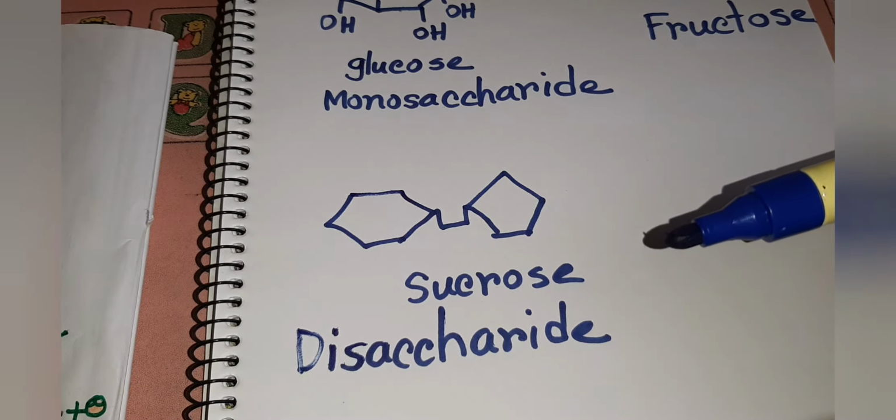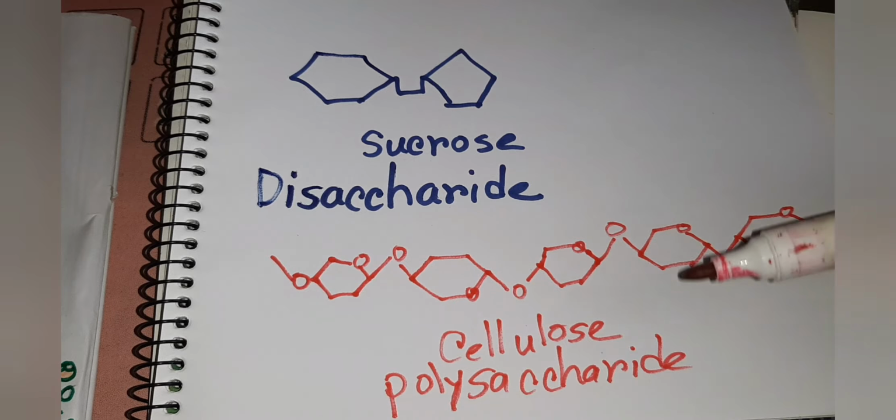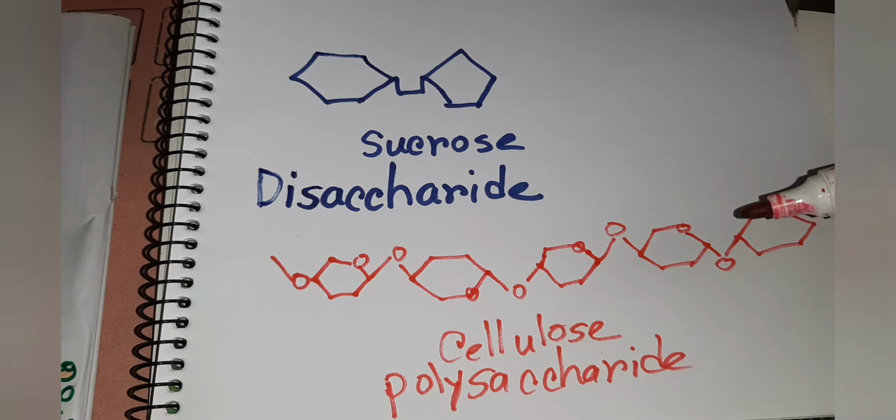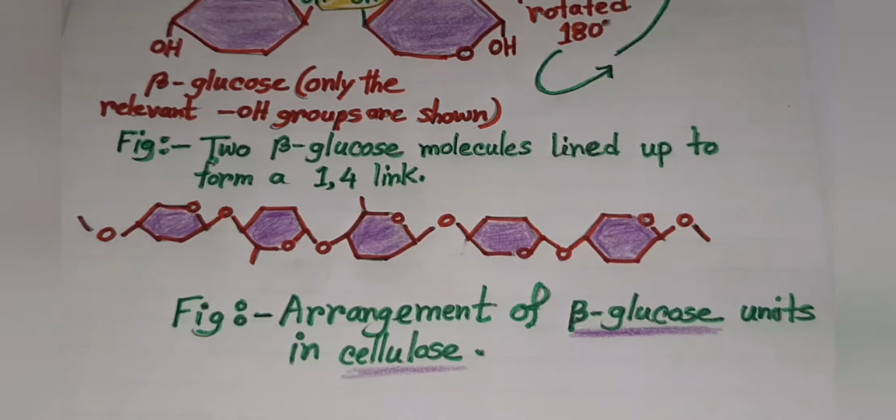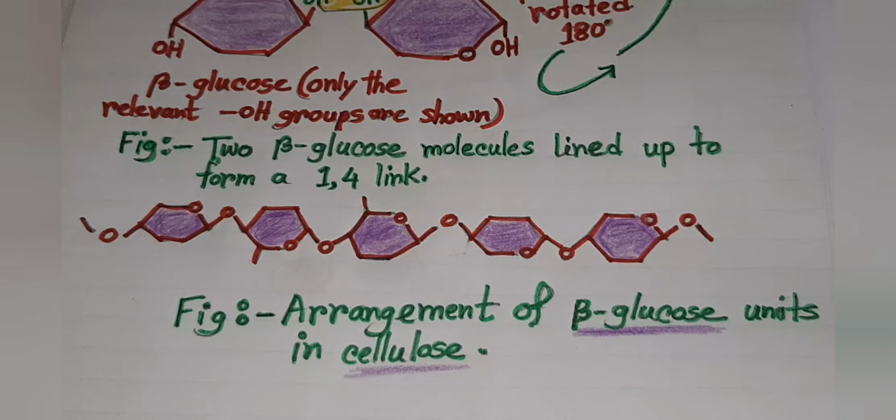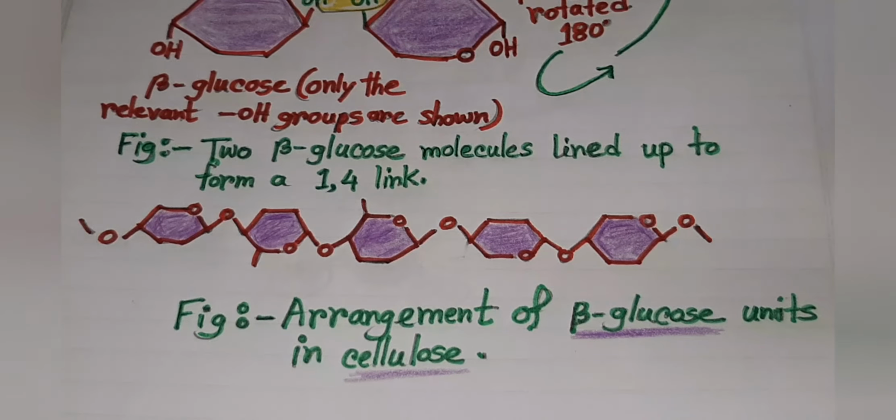But how about polysaccharide? This is a polysaccharide, that is cellulose. Whenever many monosaccharides join together and produce a long chain, that is a polysaccharide. So what is cellulose? Cellulose is the most abundant organic molecule on the planet, due to its presence in plant cell walls and its slow rate of breakdown in nature.